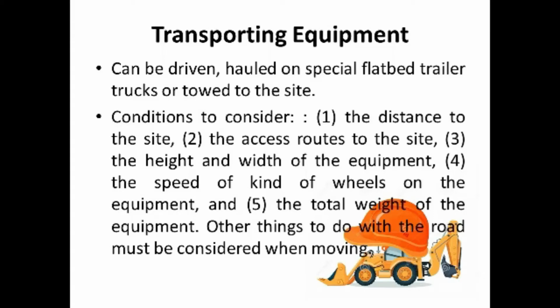This may include the utility lines, mga linya ng mga kuryente or linya ng mga communication services. And then the bridges, number of lanes of traffic and other things to do with the road. So, recently, meron tayong mga naging cases dito sa atin na sumasabit yung mga heavy equipment doon sa mga lines. So, that's one of the things that we must consider when transporting these equipments.